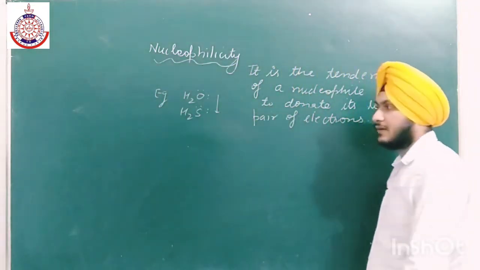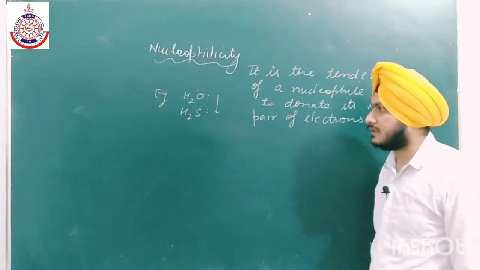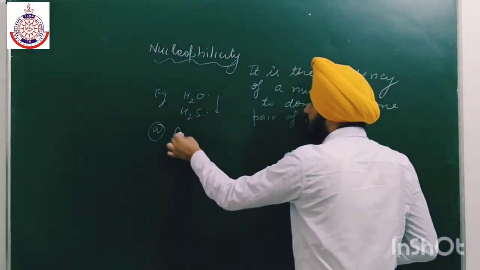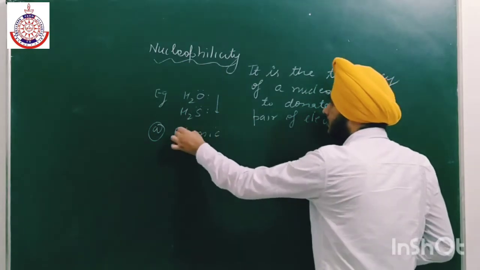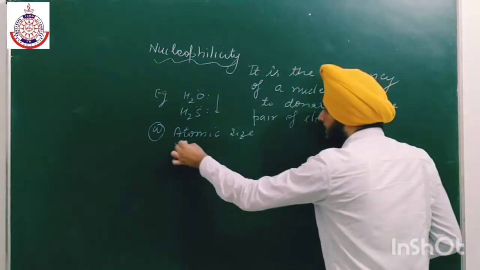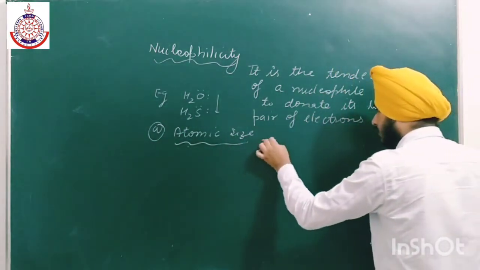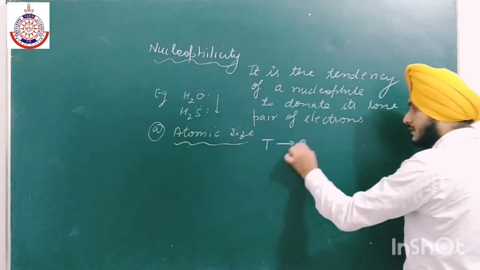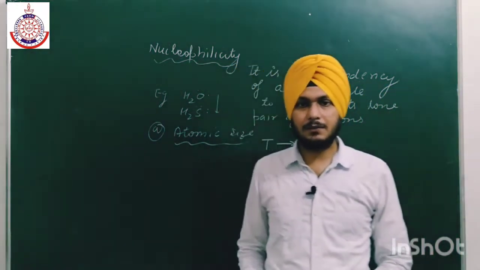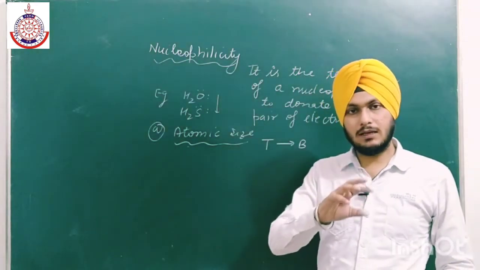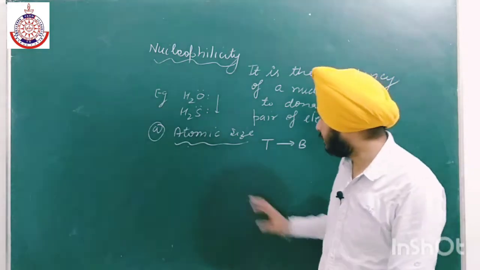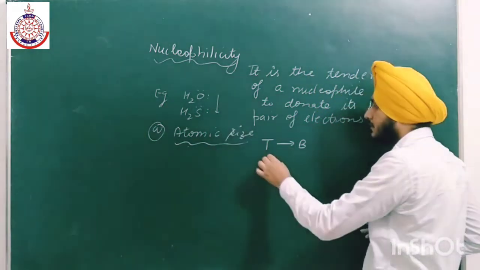So, I am discussing the factors affecting the nucleophilicity and taking the first factor as atomic size. Put a heading: atomic size. So the first factor is atomic size. As we go from top to bottom, and this factor is only valid in case of a group, not in a period, because as we go from left to right, there is a small change in the size, okay, and there is a large change in electronegativity.